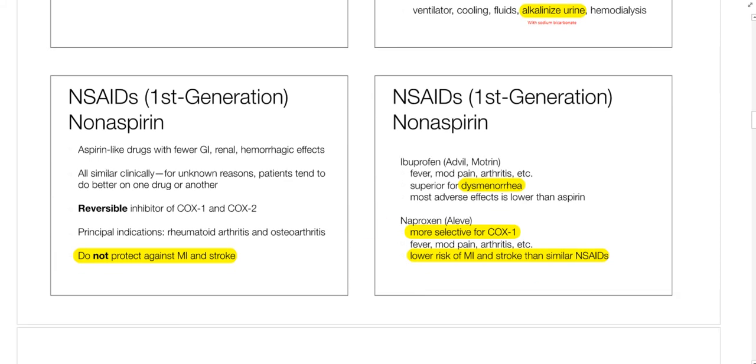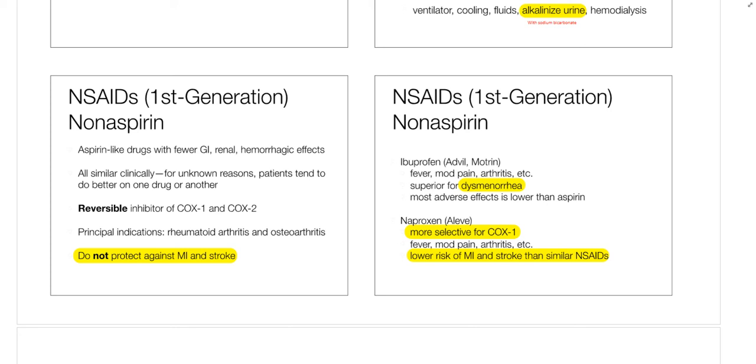So our non-aspirin first-generation NSAIDs are like aspirin, but with fewer of the side effects that we've covered so far. All of these non-aspirin first-gen NSAIDs are clinically similar. We don't know why, but some patients do better than others with certain ones.